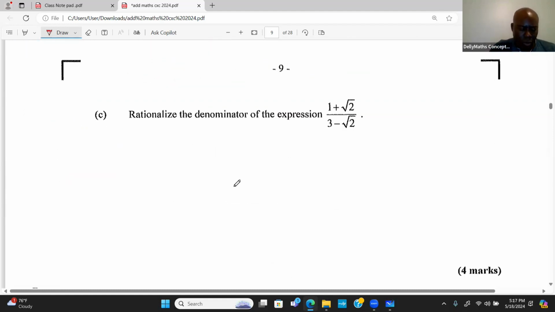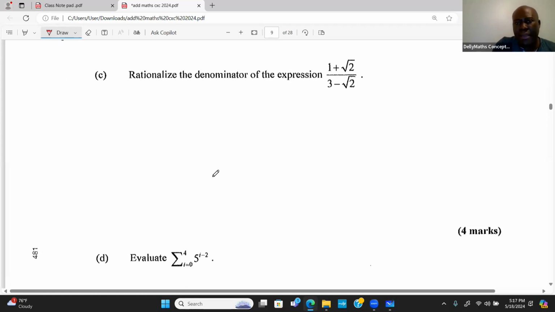All right, it says here that we want to rationalize this. It says rationalize the denominator of the expression 1 plus the root 2 divided by 3 minus the root 2. Whenever we're rationalizing, you're going to multiply by the conjugate. So what do I mean? So we have 1 plus the root of 2 over 3 minus the root of 2. The conjugate of this is to change the sign in the denominator.